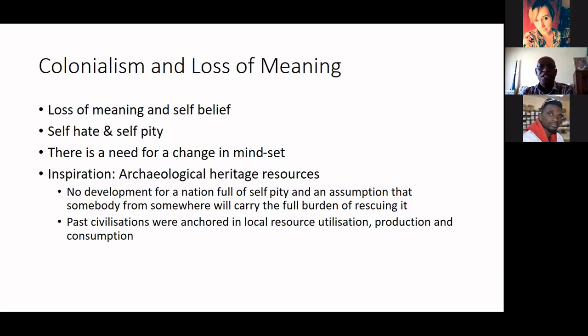Archaeological heritage resources are so important in giving confidence. If we have past communities who developed Mapungubwe, Thulamela, Mokhala, who did the beautiful art, who achieved the sort of civilizations like Great Zimbabwe, then indeed there is no need for us to have self-doubt that it can still be done.